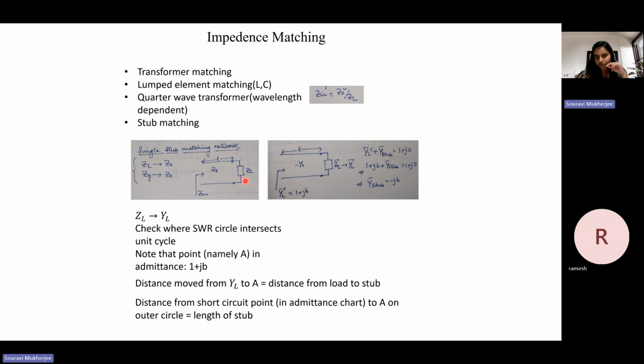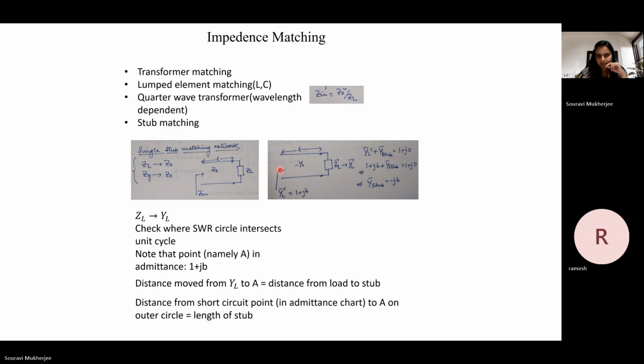If you want to solve this using the Smith chart, we go to the admittance chart, because we are adding something in parallel, so it's easier to do the calculations there. Your Z naught becomes Y naught, because you are going through a 180-degree phase shift.